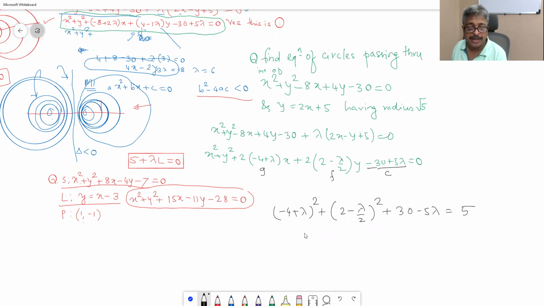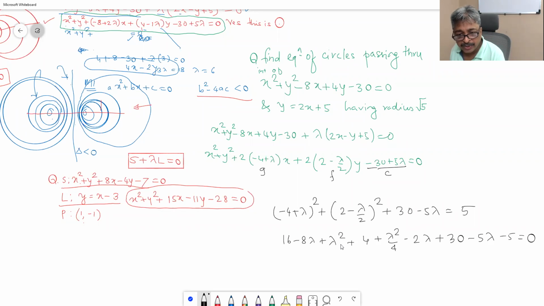Let us expand and find out. 16 minus 8 lambda plus lambda square plus 4 plus lambda square by 4 minus 2 lambda plus 30 minus 5 lambda minus 5 is equal to 0, right?